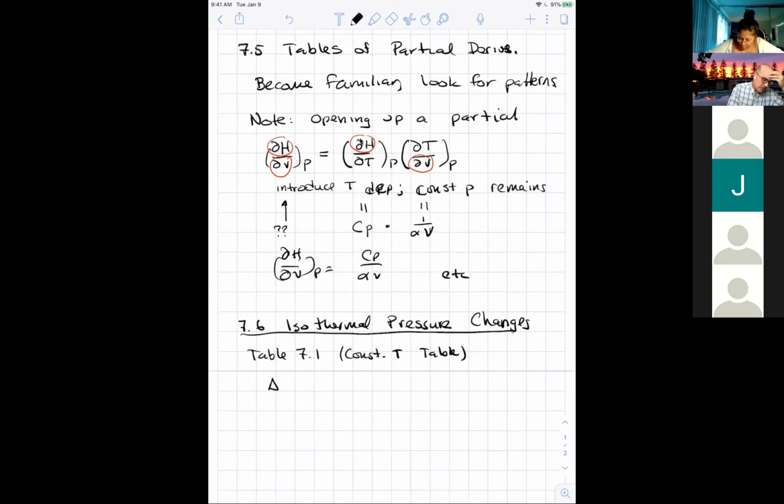Well, in order to work with internal energy changes, we're going to use delta U. So let's look at dU by dP at T, right? So this would be a pressure change that's isothermal. It has to do with U. We could pick H or A or G too, depending on what you're thinking about.